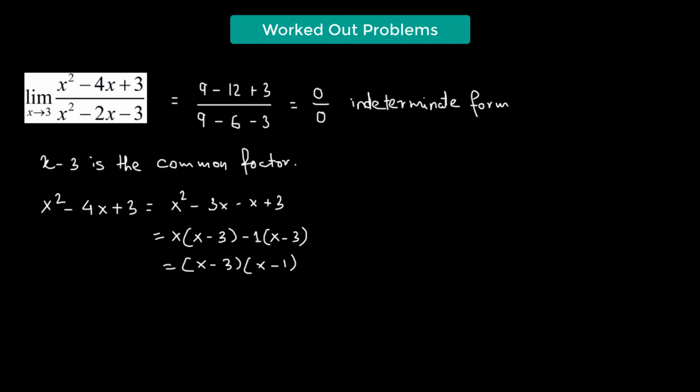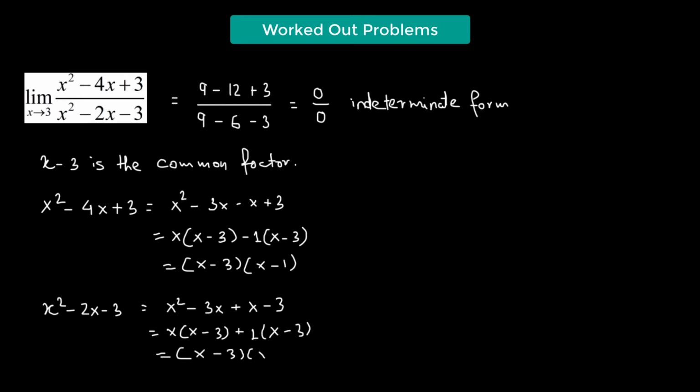Now we are going to factorize the denominator, x squared minus 2x minus 3, again by splitting the middle term. So the factors of x squared minus 2x minus 3 are x minus 3 times x plus 1. Now we're going to substitute this value back into the rational function.